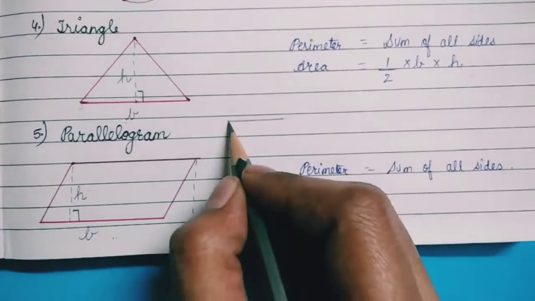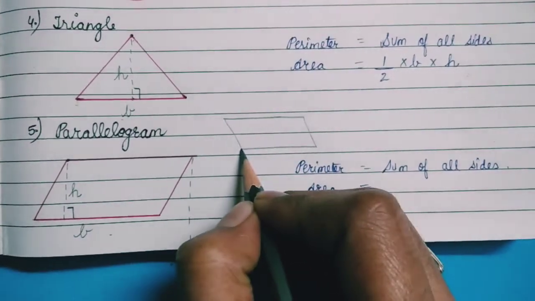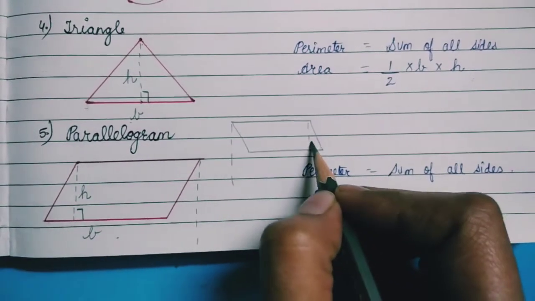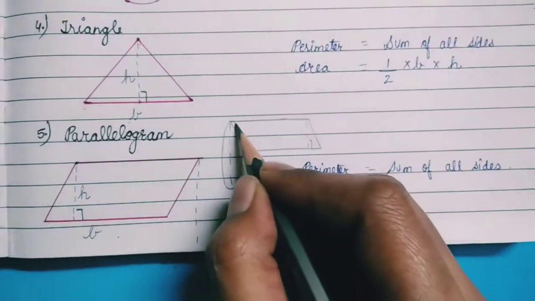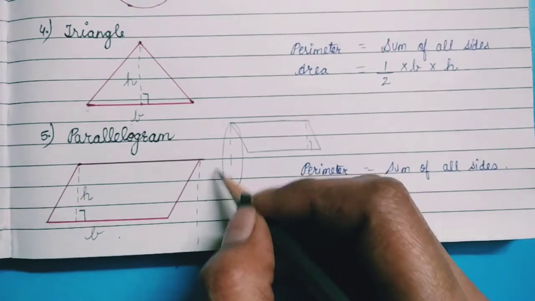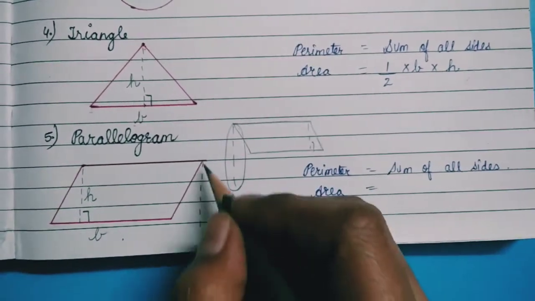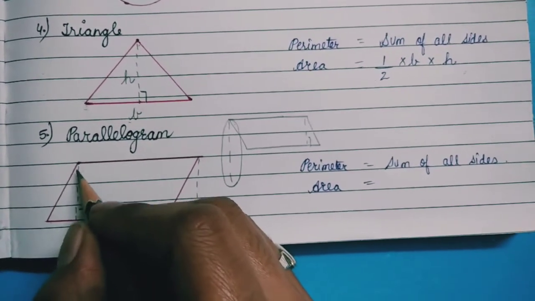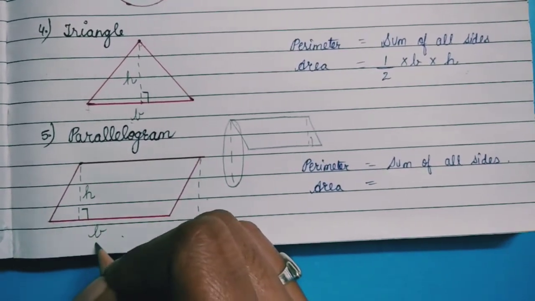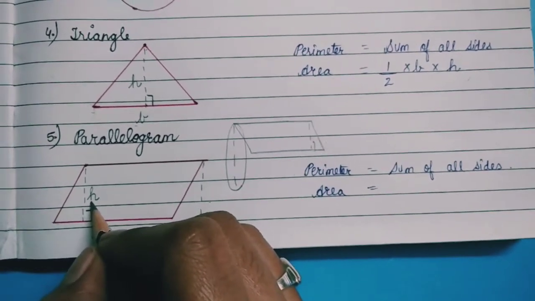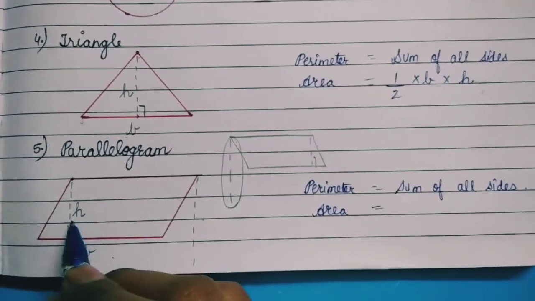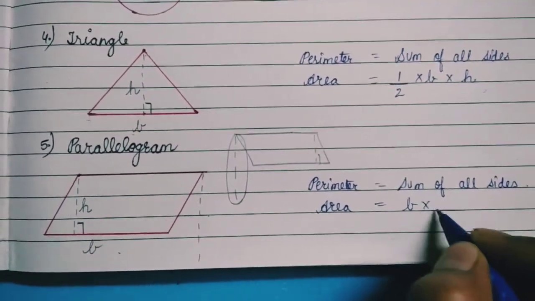In this kind of parallelogram, this point will not give it. The point which goes slanting outside the figure will not give us the height. Height will be taken when we draw the line segment directly perpendicular on the base. So the area of a parallelogram is simply base into height.